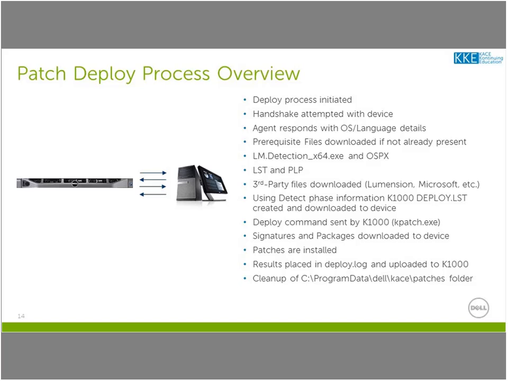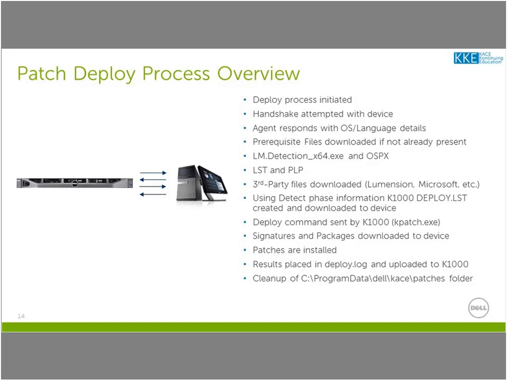But if it's just a deploy only, right, then at this point we've got that k1 deploy.lst file that gets generated and downloaded, so that we from the k1 detect.lst, right? We have the deploy.lst, which tells us now which of those patches that were needed in the detect.lst. In the deploy.lst, it lists the ones that need to be deployed that don't already exist on the C drive of the machine, weren't previously downloaded sometime in the past.